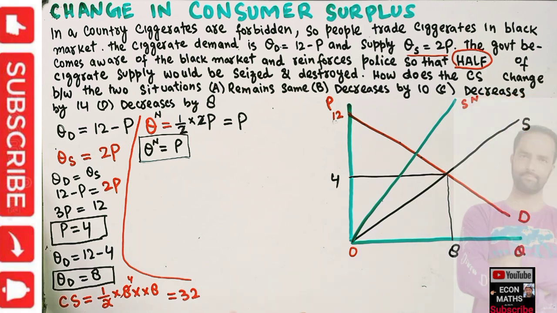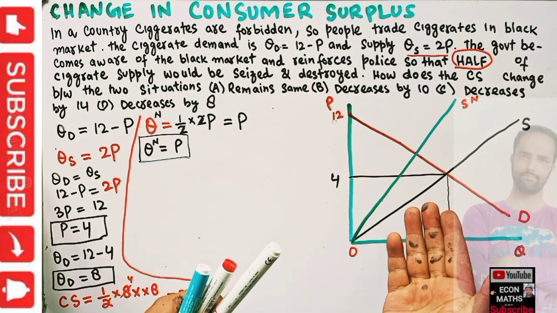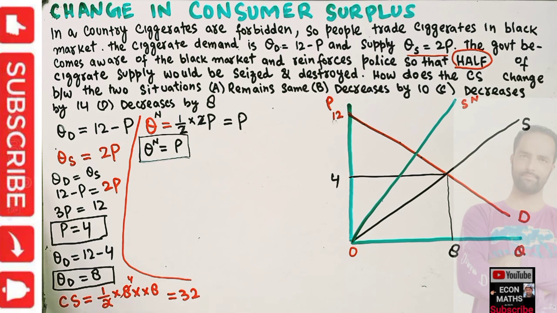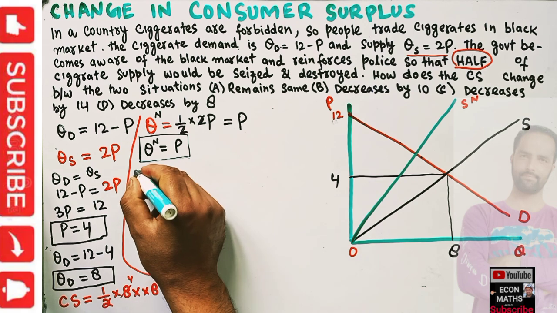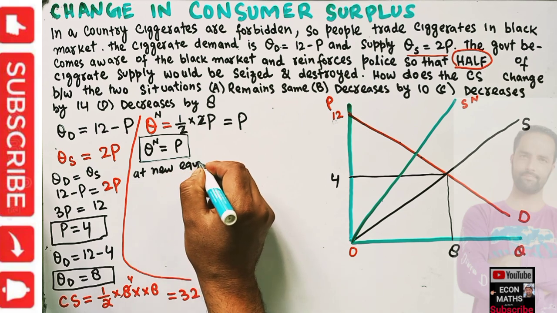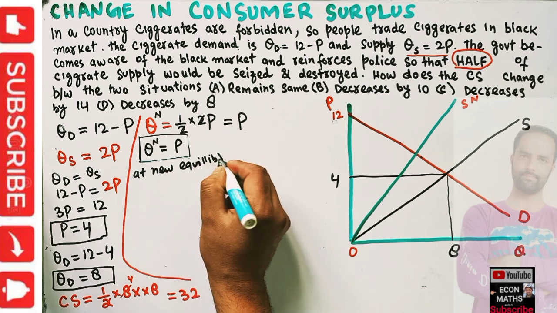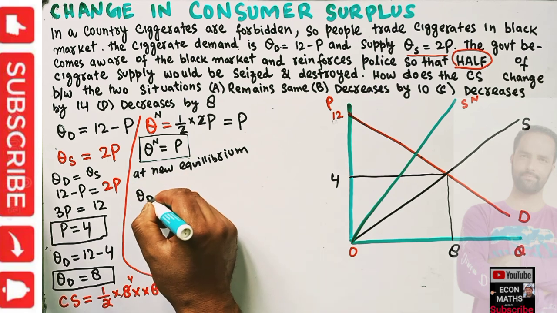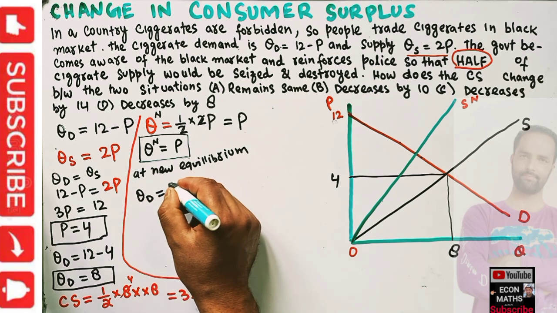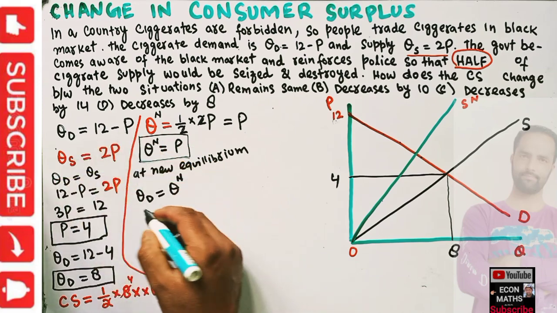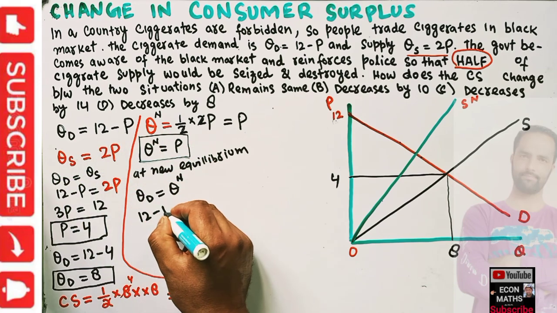Now equilibrium requires that demand and the new supply curve should intersect. So at the new equilibrium, quantity demanded should be equal to quantity supplied, that is the new quantity supplied. What is quantity demanded? That is 12 minus p.